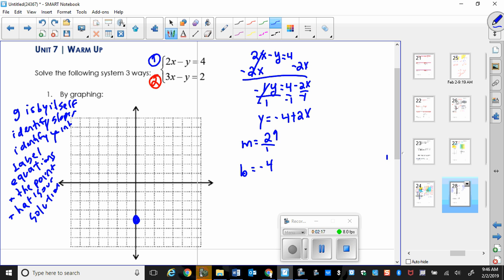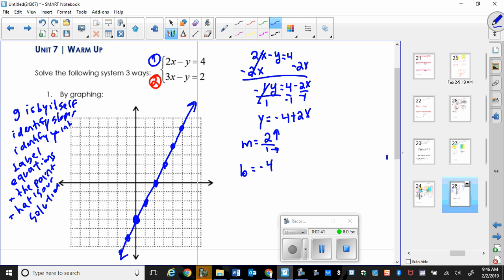And then I'm going to make the move to go up 2 and right 1 to make a point. Up 2, right 1, make a point. Up 2, right 1. And you keep going, and you'll create the first line for the first equation.